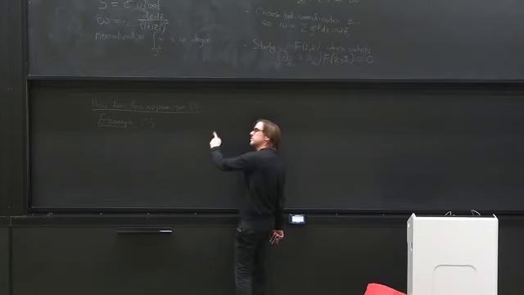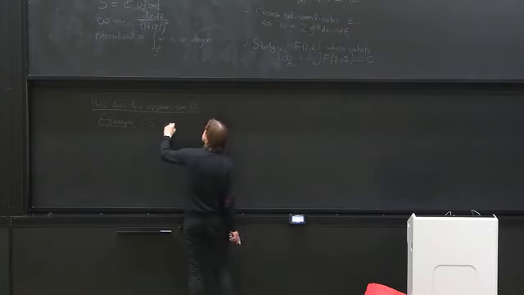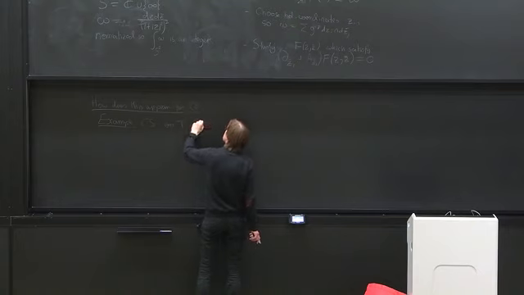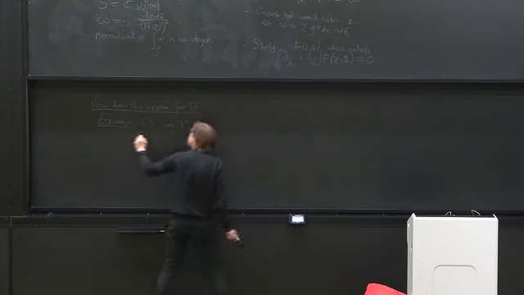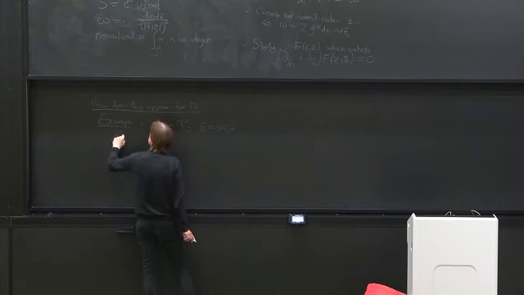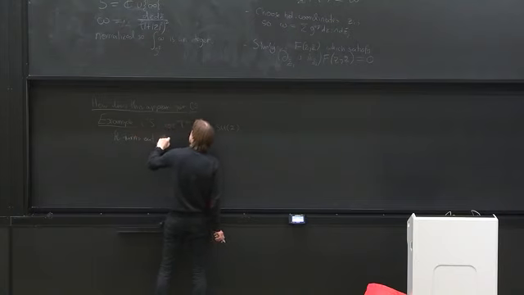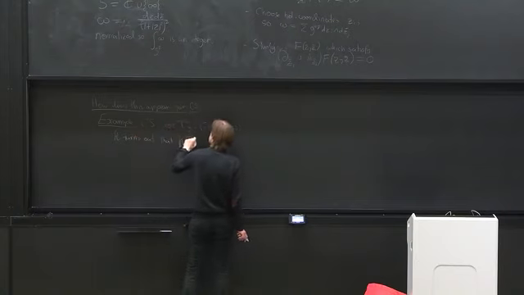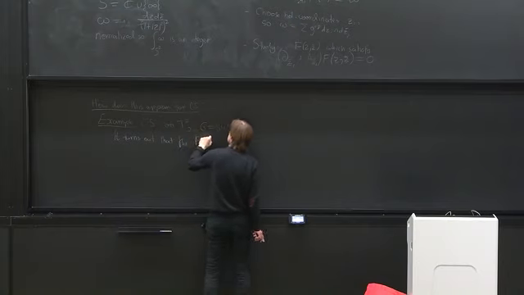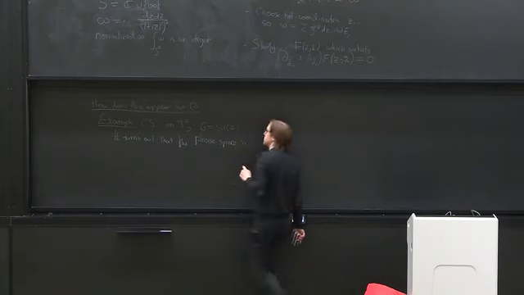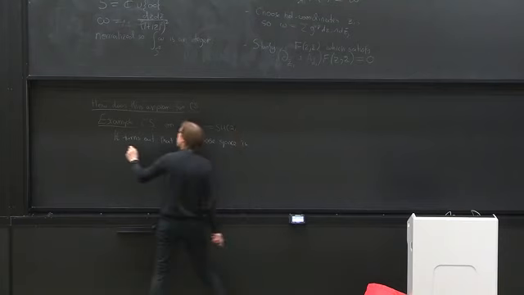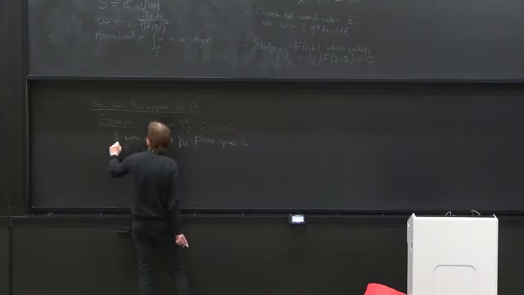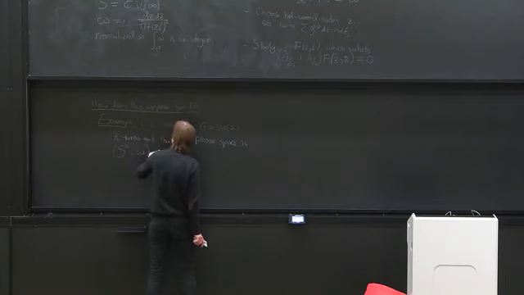So let's also do the two torus for the group SU2. So it turns out that the phase space is S2 with omega, as we just discussed.